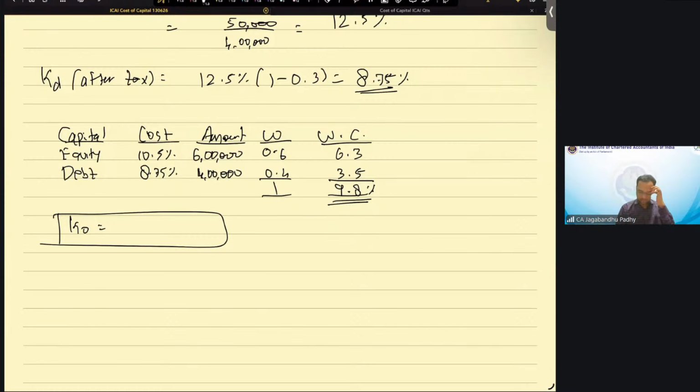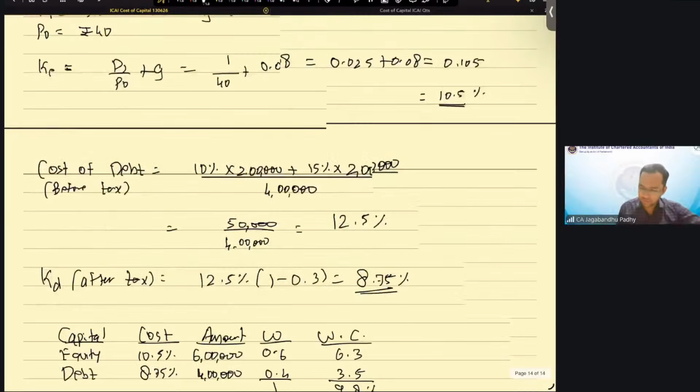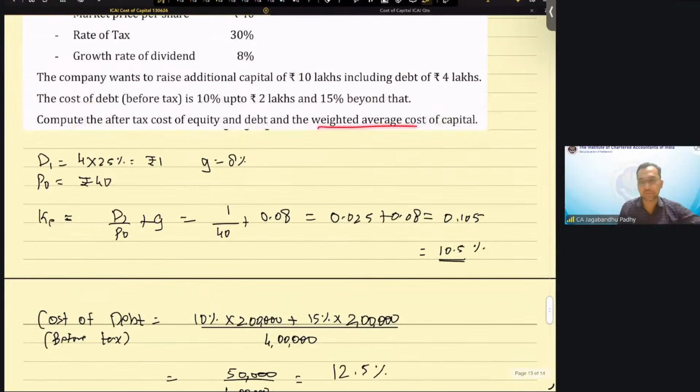One was an approximate method, and another was the calculation of IRR, which we also call the YTM method. Yes, they asked for weighted average cost in this situation. The approximation method was pretty simple to implement, but the accurate way of calculating cost was always the YTM or IRR method.